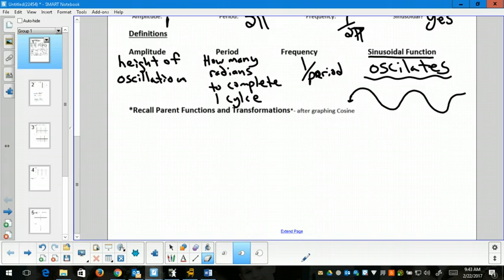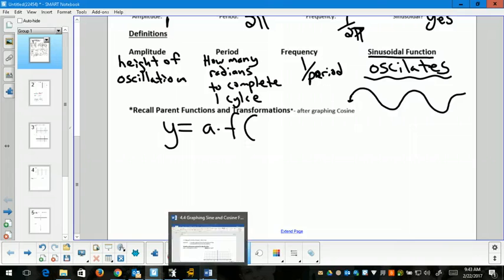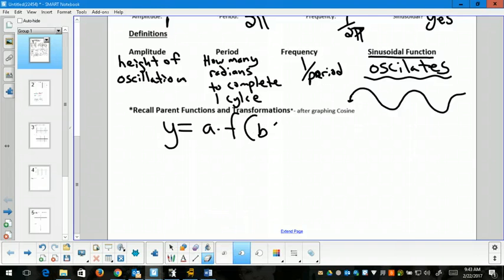Recall the parent functions. You guys did this in Algebra 2. We're going to change it a little bit. Anyway, this should look somewhat familiar, right? What do H and K do?